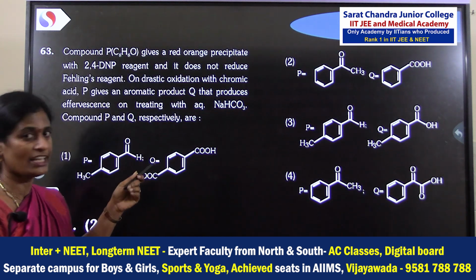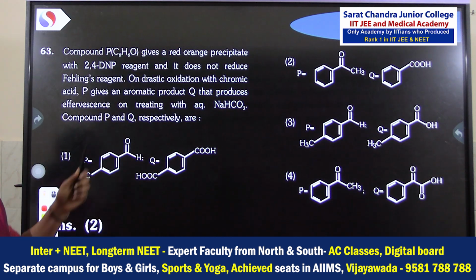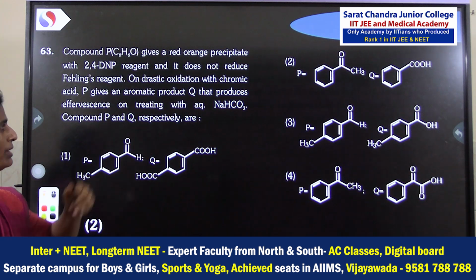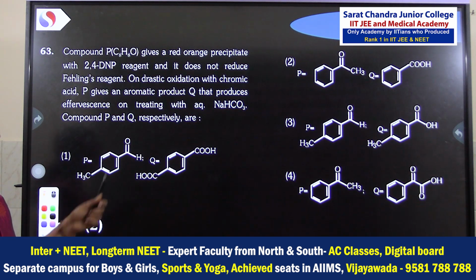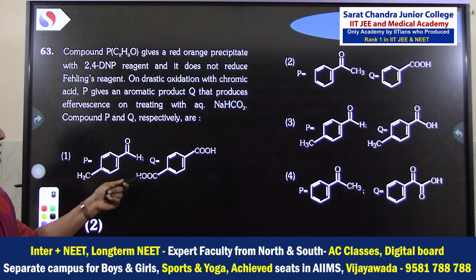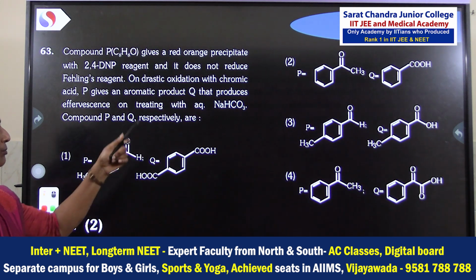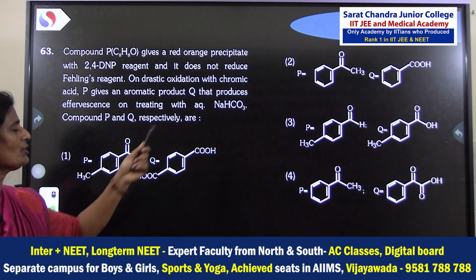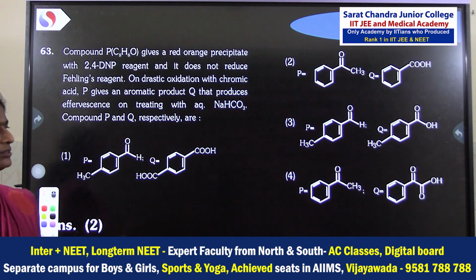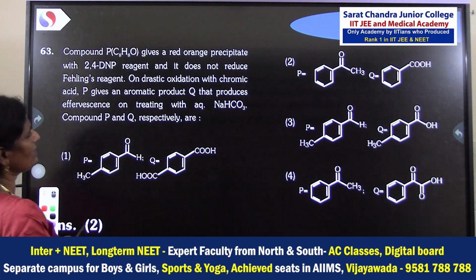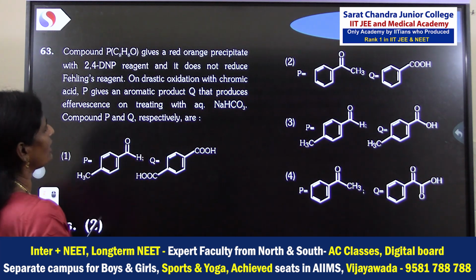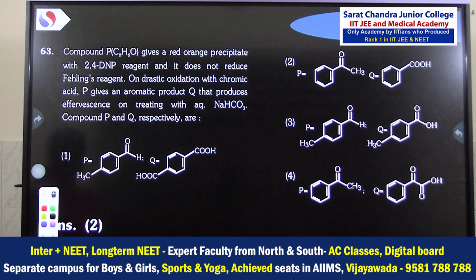Carboxylic acids are able to produce effervescence with sodium bicarbonate, because acids are strong enough to produce carbon dioxide from sodium bicarbonate. So if an organic acid is there, it is able to produce carbon dioxide from sodium bicarbonate.